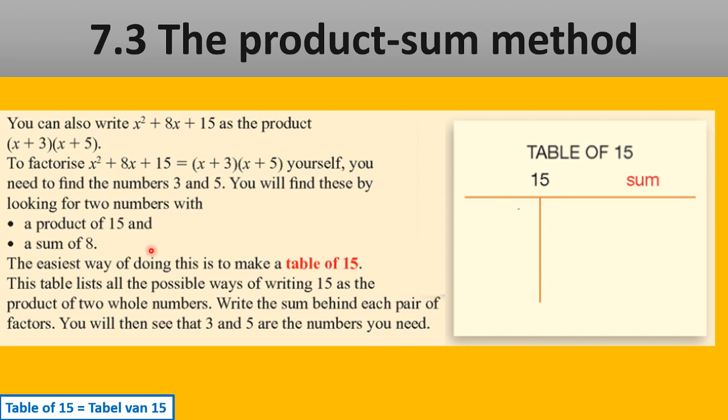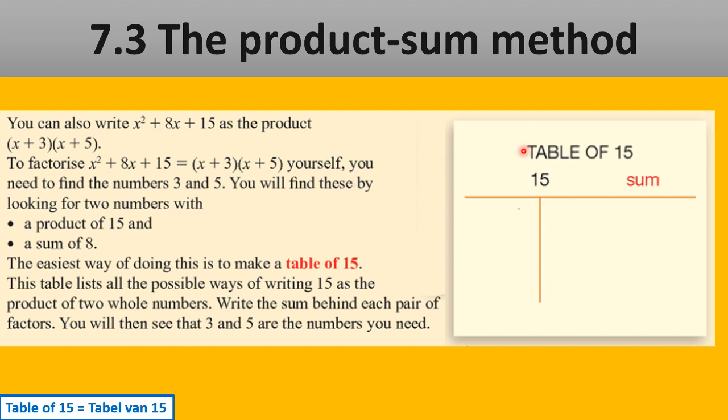Now, why do they choose in this case the table of 15, the tabel van 15? Well, because this last number is a 15, right? So if you're going to use this, you're going to make the table of the lone number at the end, the table of 15. We will see a few more examples in a moment where you're going to make different tables. How does this table work?